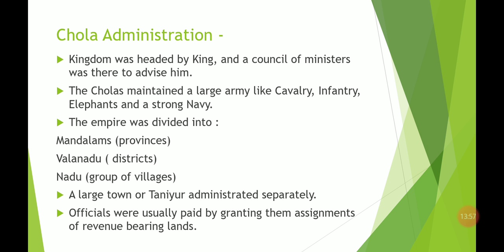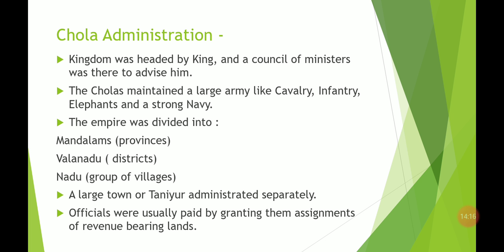Now the officials were usually paid by granting them assignments of revenue bearing lands. Means that the officers, the highest officers of the Cholas empire, were paid by revenue bearing lands.